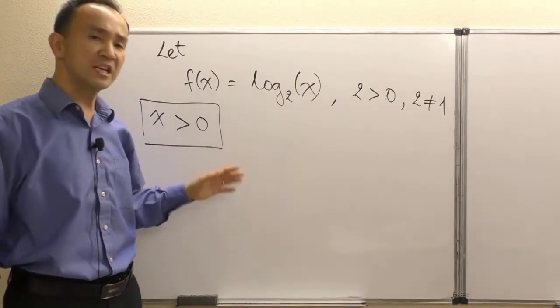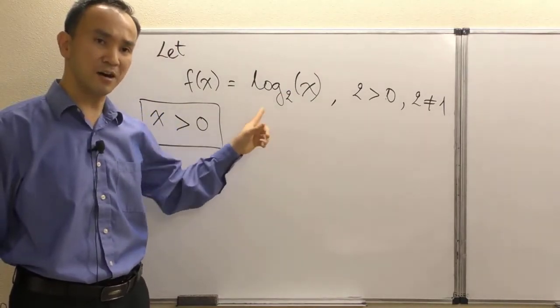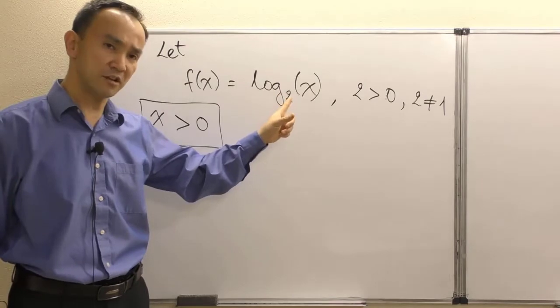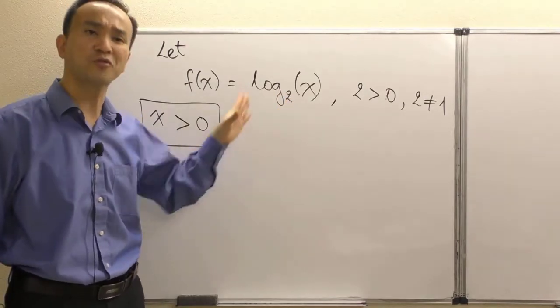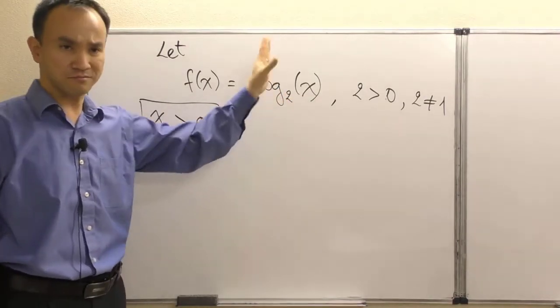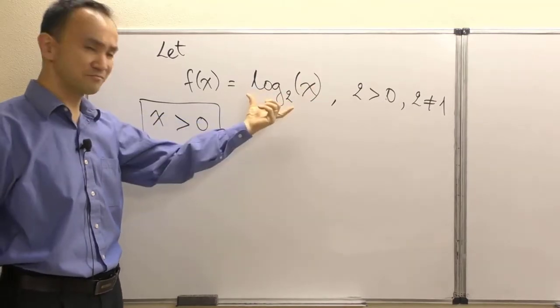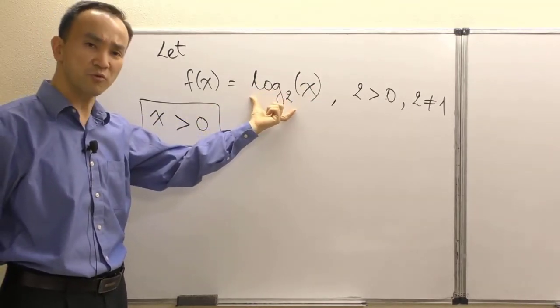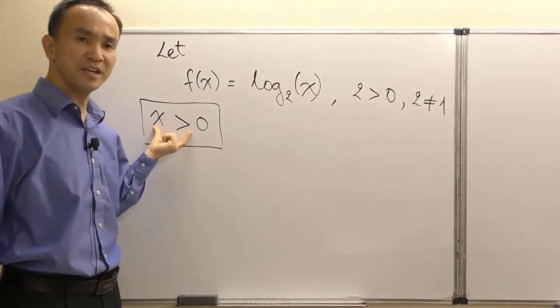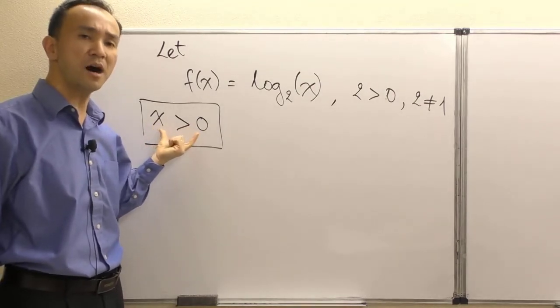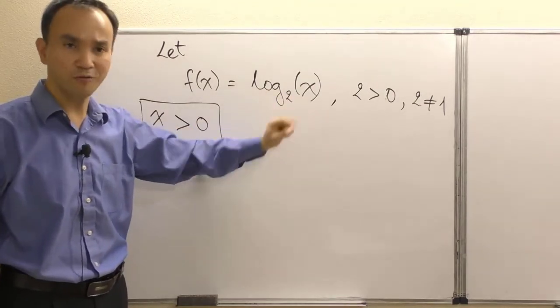So in case you have not learned about the properties, I can simply tell you right now that anytime we're working with a log, we need to work with positive arguments only.